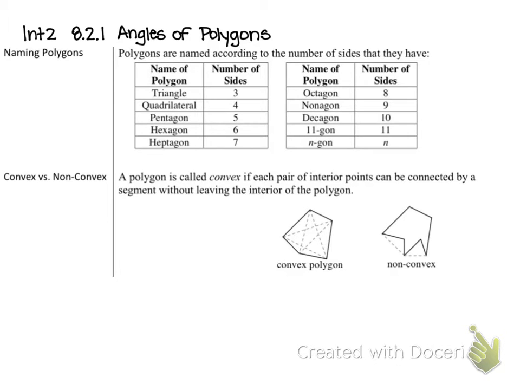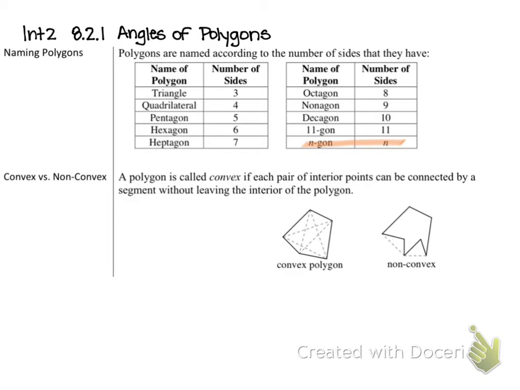So you can see this example here of the 11-gon. It's an 11-sided polygon. Instead of saying 11-sided polygon, we get rid of the "sided" and the "poly" part in front of it. So if you wanted to talk about a 24-sided polygon, we would say it's a 24-gon. So that's the general term, n-gon, up at the bottom.